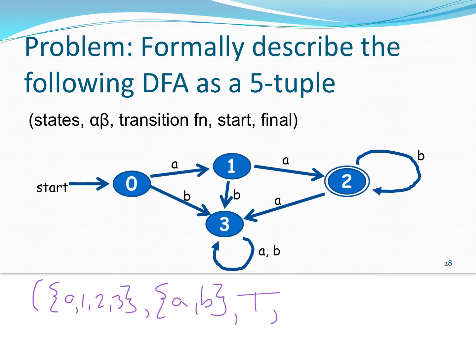So I'm going to just say the start state is state 0. And what is the set of accept states? Well, there's only one accept state. There's my accept state with a double circle. So I will just say {2}, and then I will close my 5-tuple. Not done yet. I still need to write the transition table for this 5-tuple.